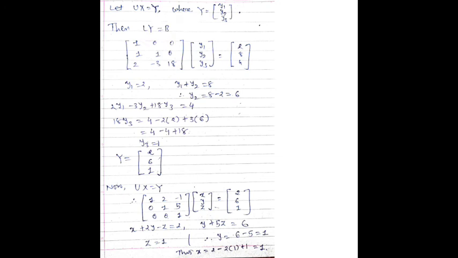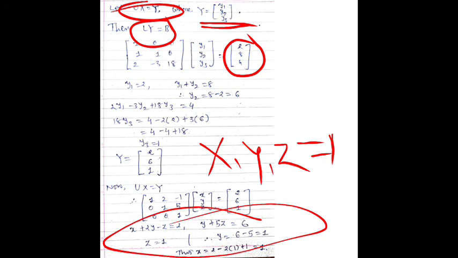The value of Y is what we have chosen, Y1, Y2, Y3, and matrix B is from the system, 2, 8, 4. So you get the values of Y1, Y2 and Y3. Now using Ux is equal to Y, find the values of X, Y and Z. If you solve this equation, you get the values of X, Y and Z equal to 1.